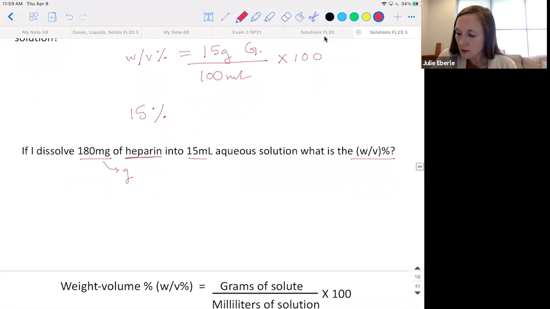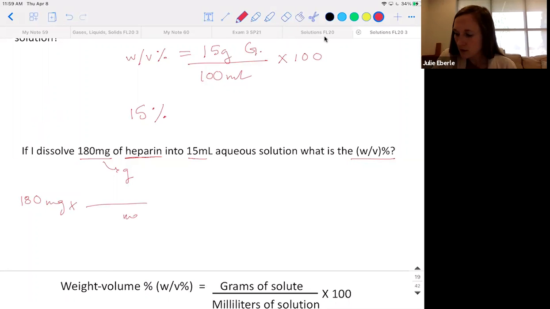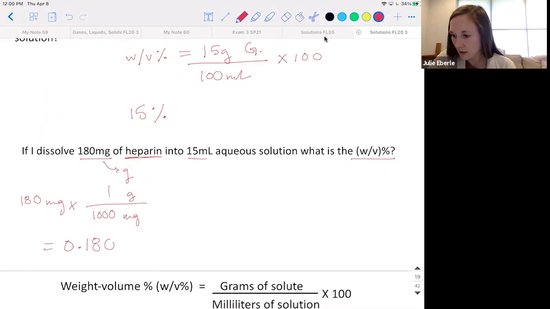Okay, so let's do 180. Y'all remember how to do this? Keyshawn already throwing the answer out. Milligrams to grams. So for every 1 gram, it's 1,000 milligrams. So that should equal 0.18 grams. Okay, we got milliliters for the bottom.